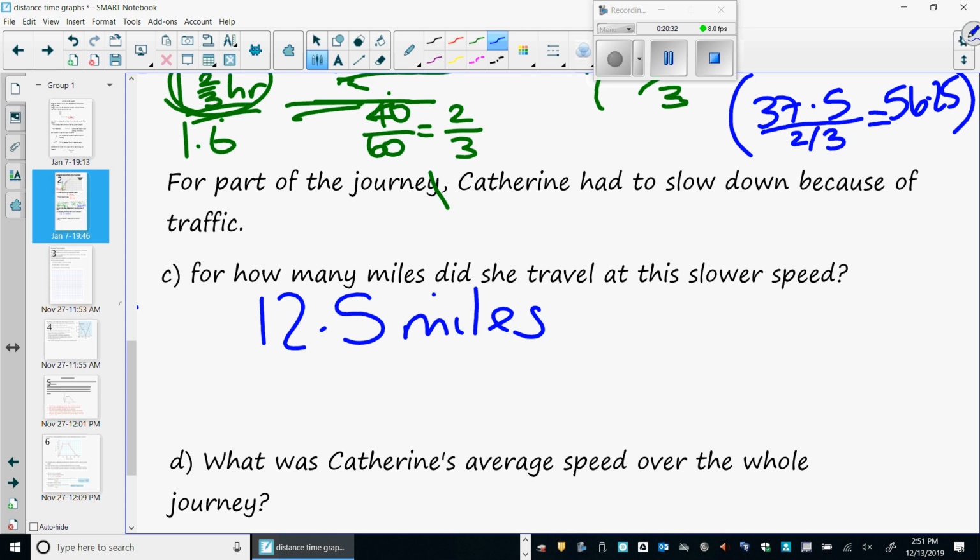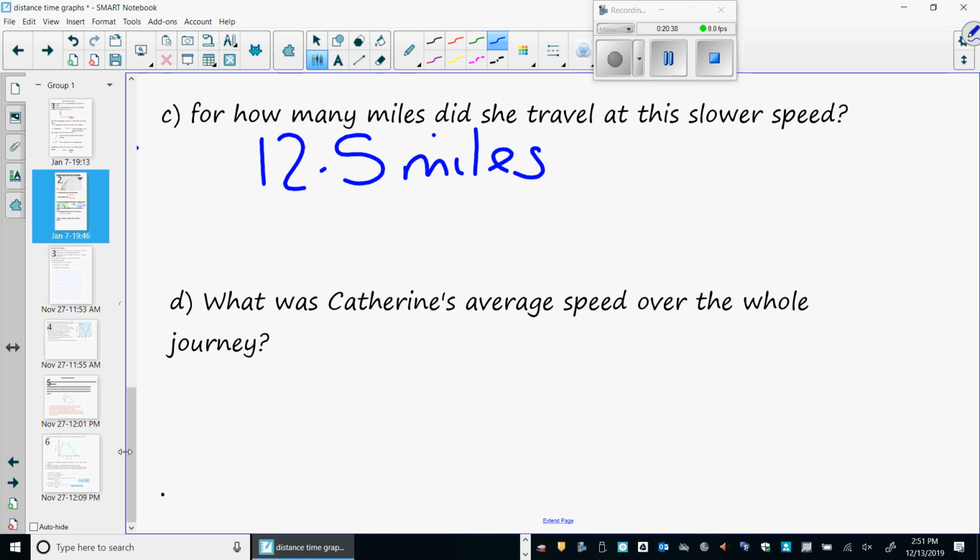Are you with me? Alright, now, this one is where lots of people make mistakes. Because they see this word and get all excited and travel back to statistics, and they think that they want to try and find the mean. They want to add stuff up and divide by however many speeds they've got.